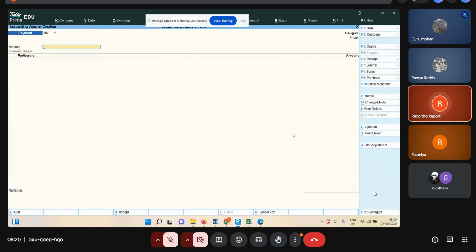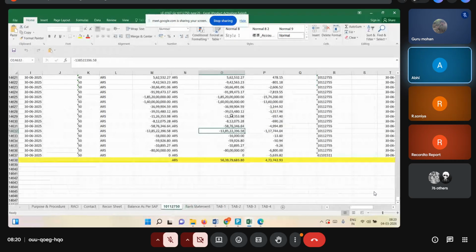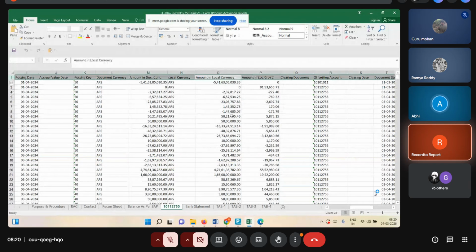So what is the entry which happened in the bank, the first entry? The first entry is a transfer to this owner. So is it a payment or receipt? Payment.